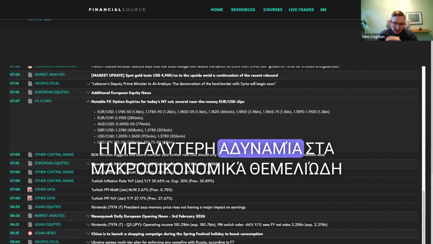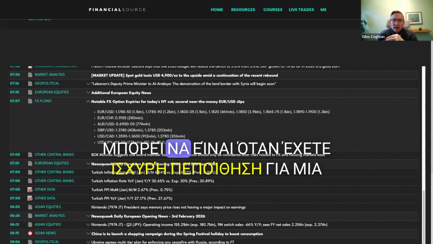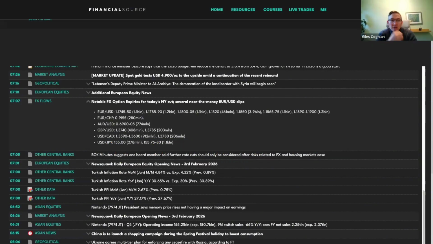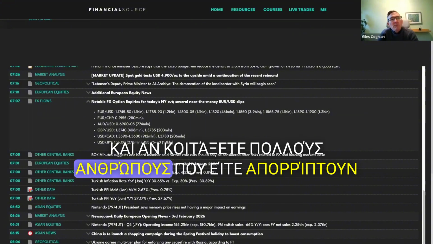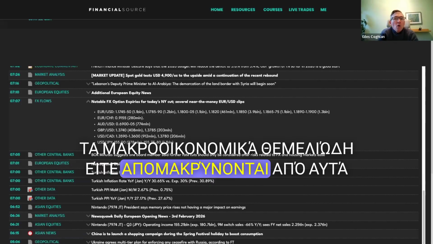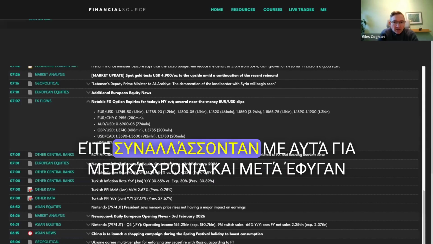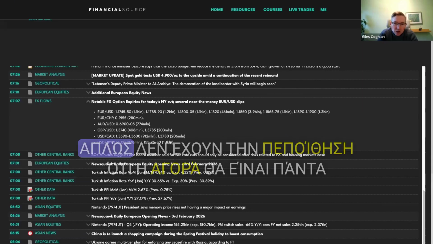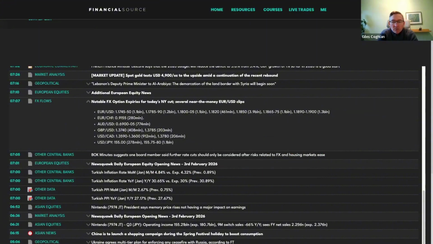The biggest weakness in macro fundamentals can be when you've got a strong conviction for a trade direction and the market goes against you. And if you look at many people who either reject the macro fundamentals or move away from them, or traded macro fundamentals for a few years and then got out, it's often because of that reason. They just don't have the conviction that the market's always going to be rational enough.